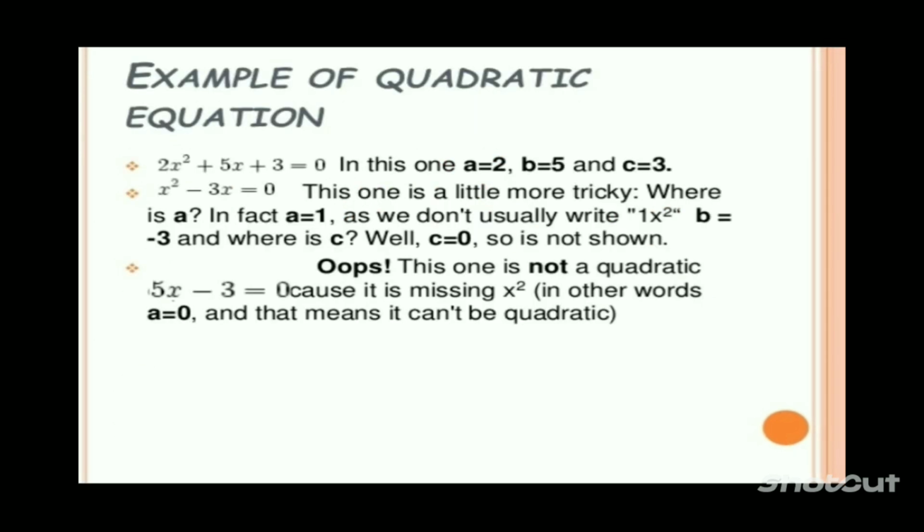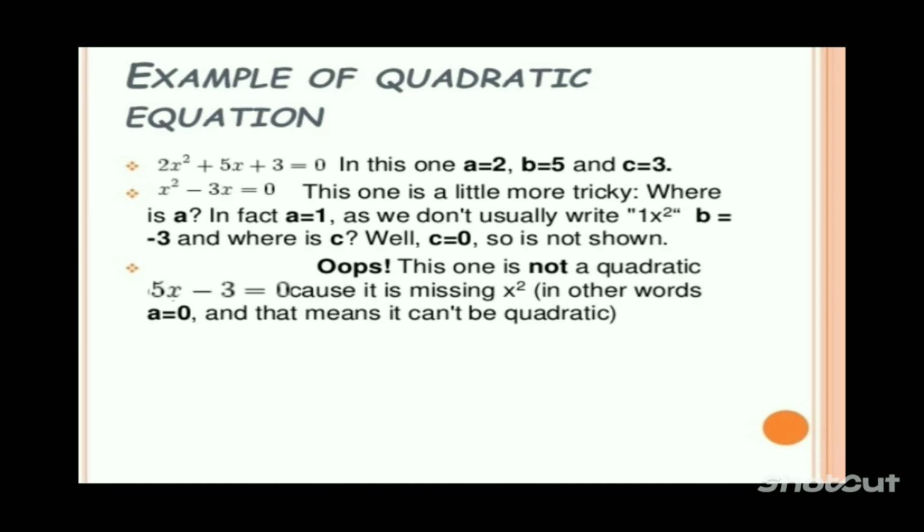Example of a quadratic equation: 2x squared plus 5x plus 3 equals 0. In this one, a equals 2, b equals 5, and c equals 3. Then x squared minus 3x equals 0. This one is a little more tricky. Where is a?